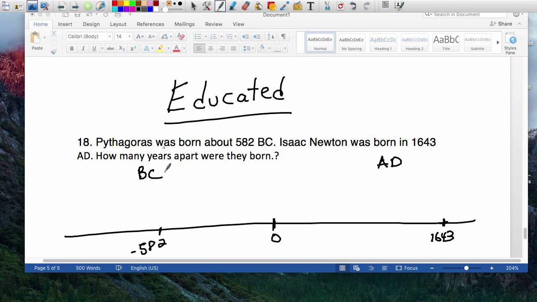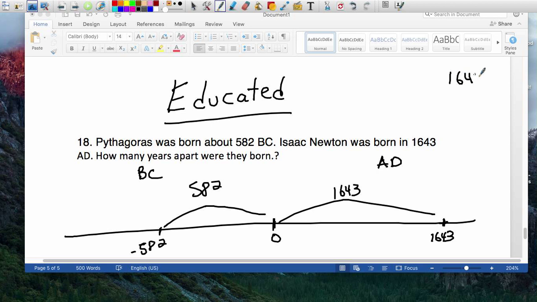Well, you can do 2 things. You can find the absolute value. This is 582. From 0 to 1643 is obviously 1643. And you add those 2, and you can find how many years apart they were born. 1643 plus 582 is 2,225 years apart.